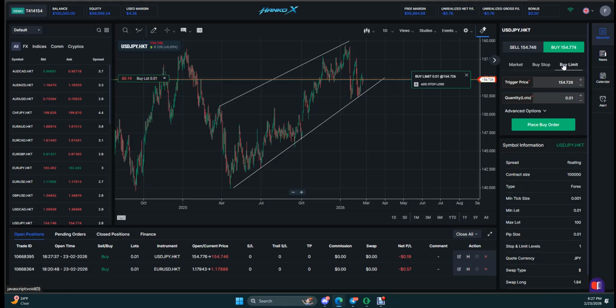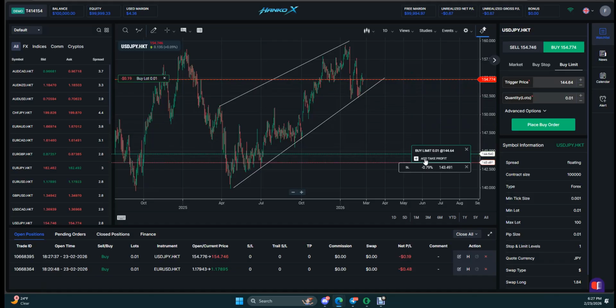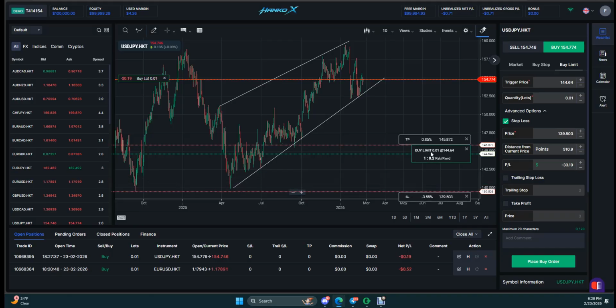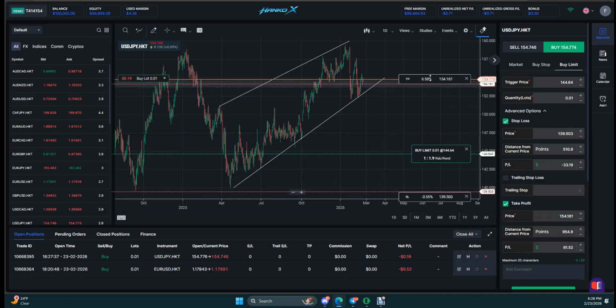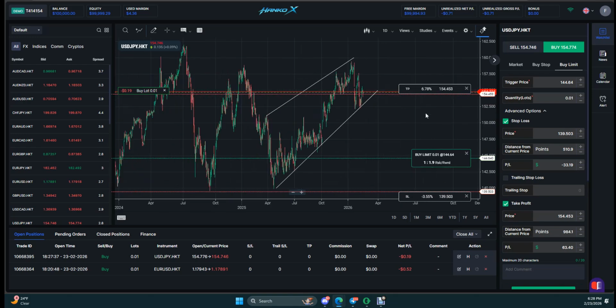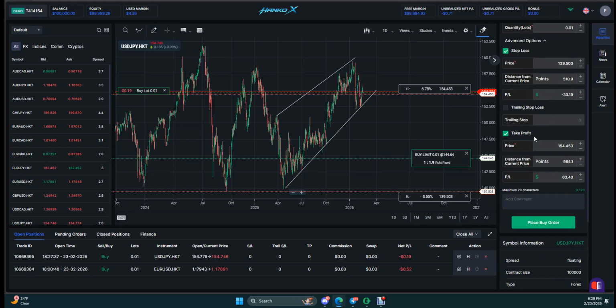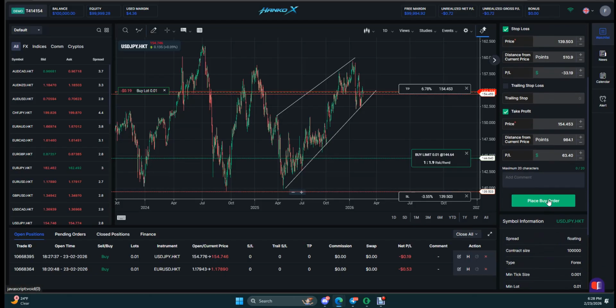So right here, all right, you want to put your order right here, of course. Add a stop loss; you pull that down right there. Then you want to add your take profit. Go up here, push it up to here. So when price gets down to this green line, it's going to put you in the trade, right? And so you can push place order.